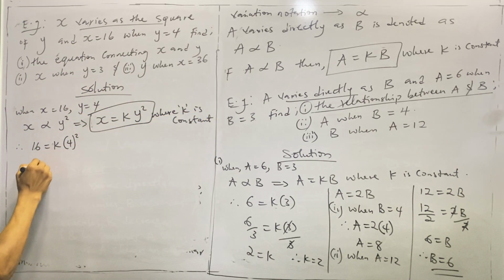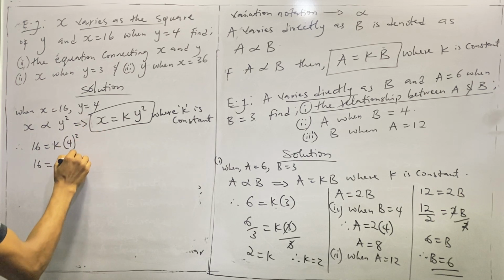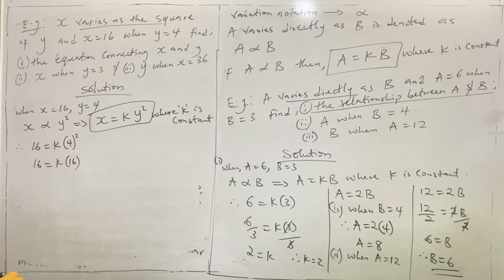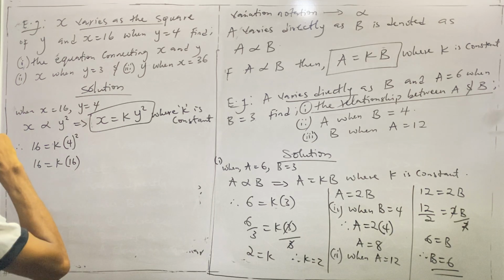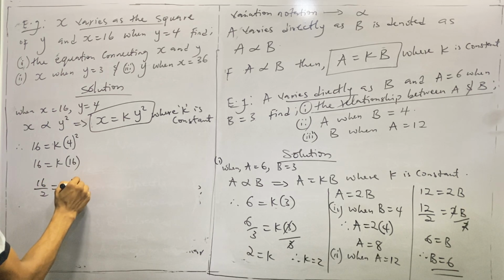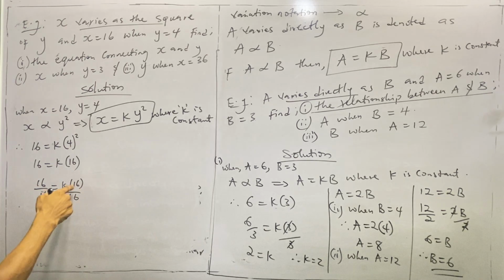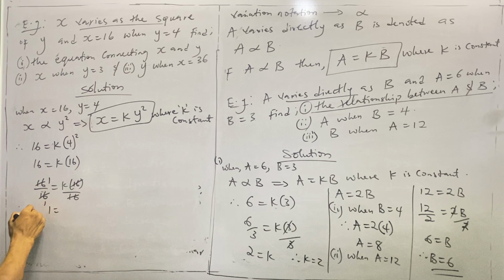So we now solve. 16 will be equal to k times 4 squared, which is 4 times 4, which is 16. Alright? So we now divide both sides by 16, so we can find k. 16 cancels 16, so 1 is equal to k.